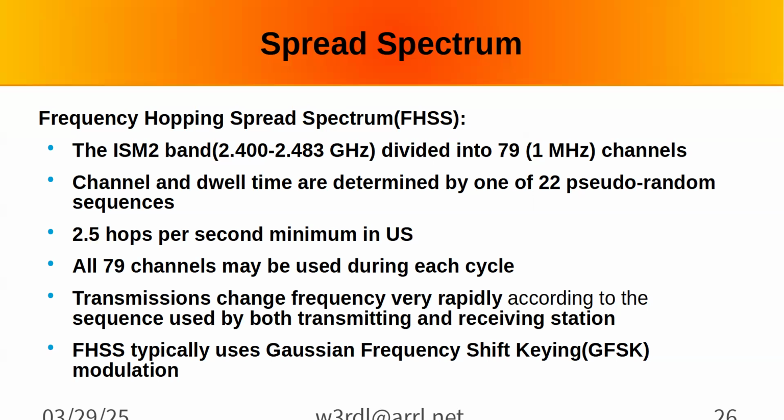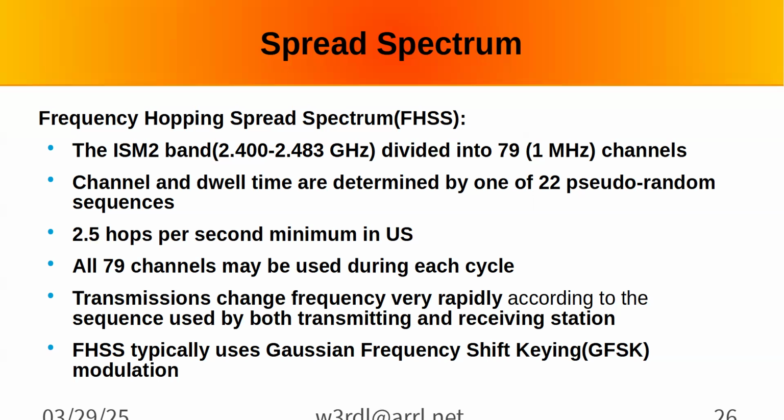But you don't know the pseudo-random sequence. When you make the connection, you kind of bind the transmitter and receiver together so you know what sequence is being used. Nobody else does. And it changes rapidly. In fact, the minimum is at least 2.5 hops per second, which means changes in the frequency sequence.